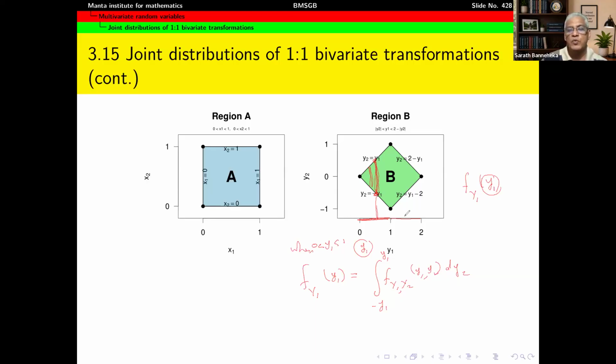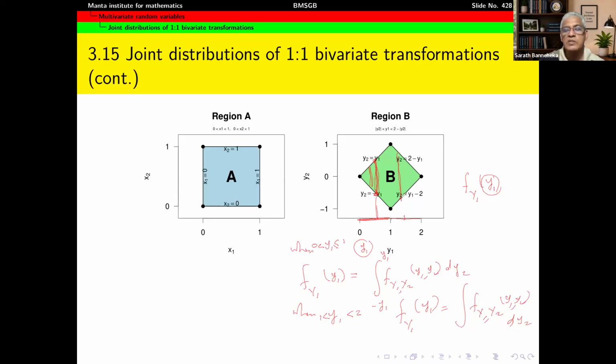That's the density function of y1 at simple y1 when y1 is between 0 and 1. If your y1 is between 1 and 2, you can include 1 here, it doesn't matter. In that case, f y1 at that simple y1 is equal to again the integration of the joint density fy1 y2 with respect to y2, but y2 now has to go from some point like this to this y2 point.